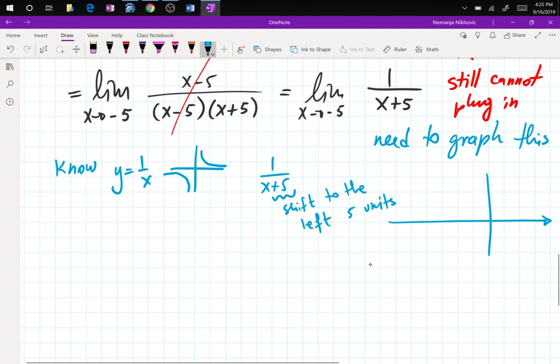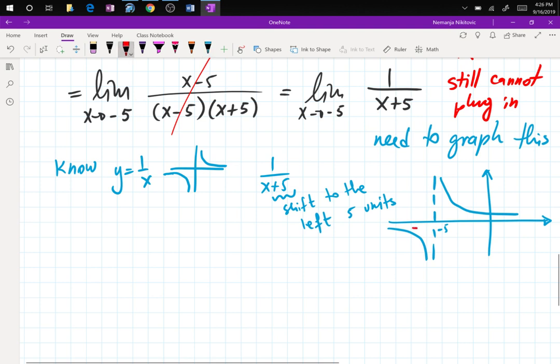You are going to make a vertical asymptote at negative 5, and you will draw the same 1 over x shape that you are all used to. Now, since you are looking at the overall limit, you have to look at the Romeo and Juliet approach.